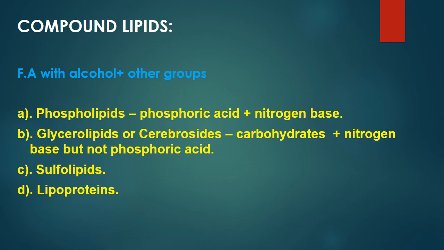The second example is glycerolipids or glycolipids, for example cerebrosides, where carbohydrates are there in addition to nitrogen base but not phosphoric acid. Then another category is sulfolipids, where sulfur containing acids are there. And the last category is lipoproteins, where the lipids additionally have proteins. All these are compound lipids.